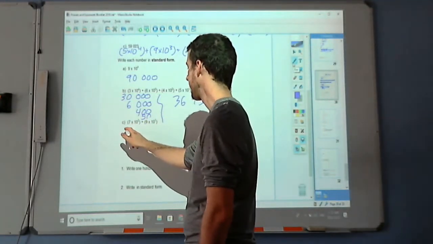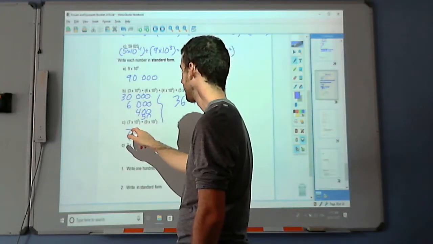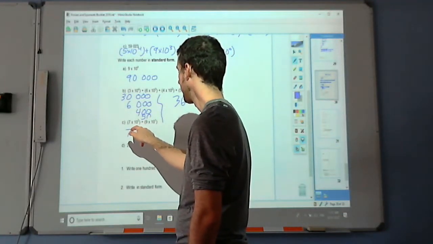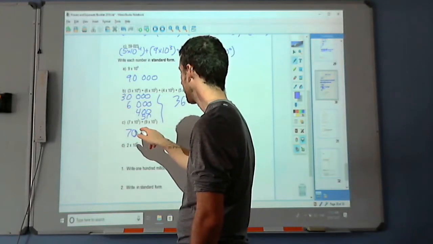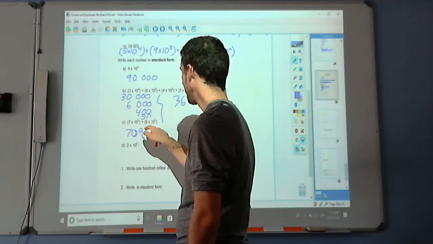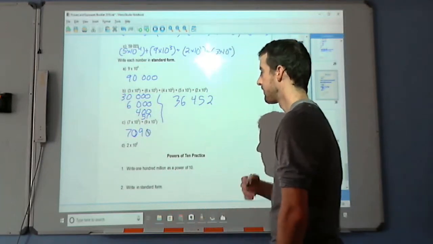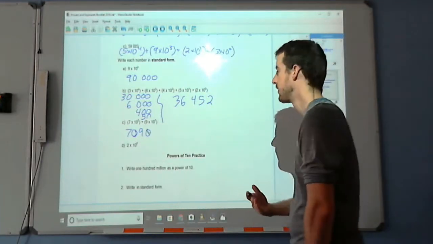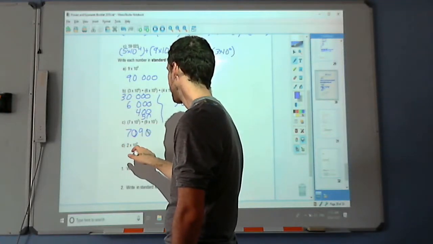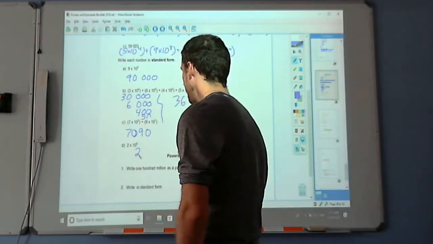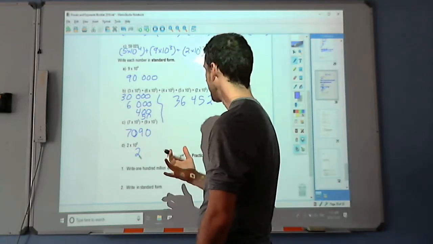Okay, 7 times 10 to the power of 3, so 3 zeros left. Here we have just 1 zero left and a 0. Okay, a couple ways you can do that. Last one here, 2 times 10 to the power of 0. Well, that's just 2. No other way of solving it, and we're good to go.